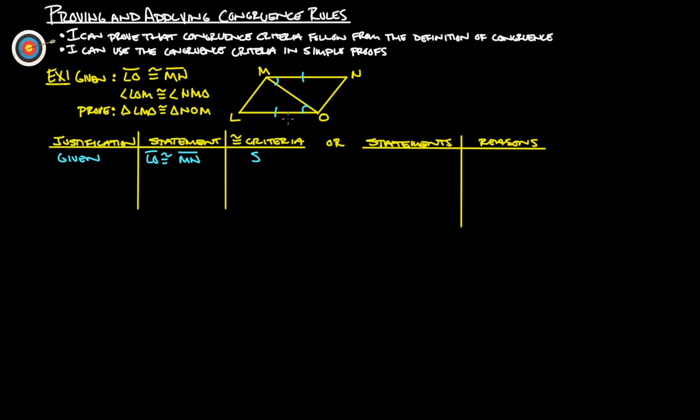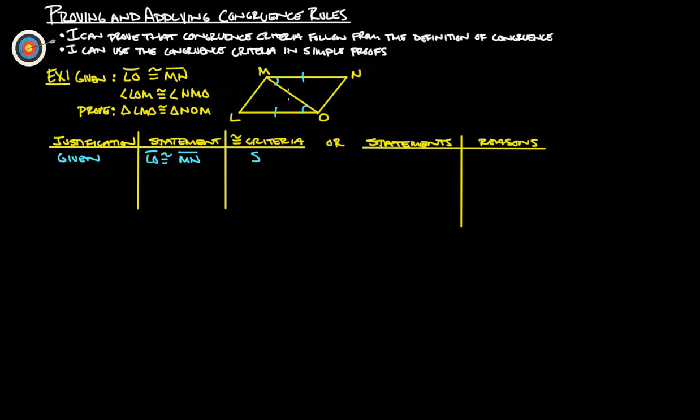So let's pause for a second here and figure out what we're going to end up doing. On this proof model, you want to figure out what you're going to use for your congruency at the beginning. So let's figure that out. We have a side and we have an angle.